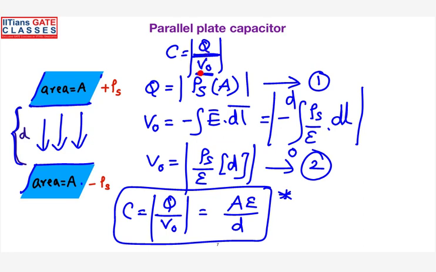So the ratio of charge divided by the potential difference gives the capacitance. So is the concept clear? Yes.